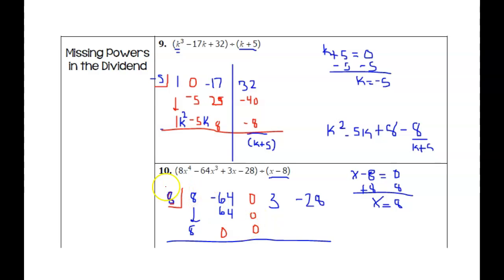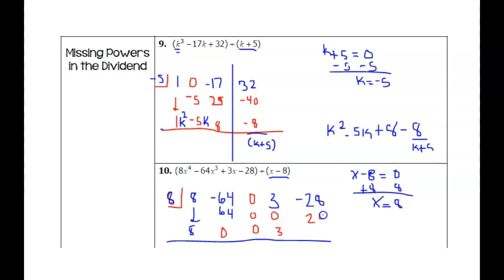Then I'm multiplying again. 0 times 8 is 0. And then I add, 3 plus 0 is 3. Then I multiply again. 3 times 8 is 24.